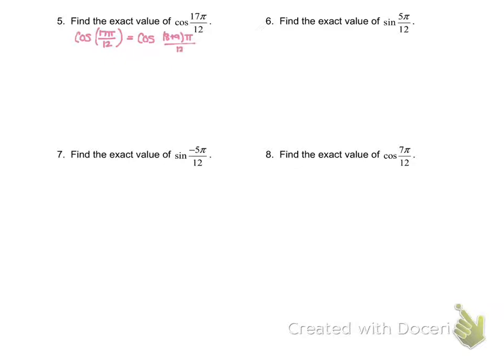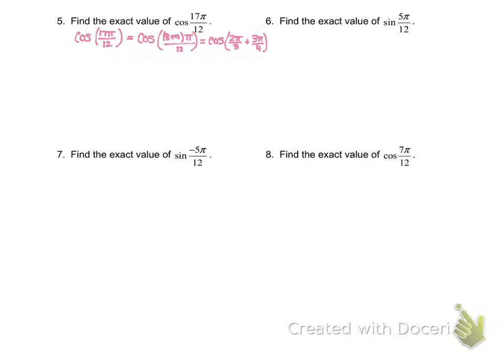So when I simplify 8 over 12 and 9 over 12, I get cosine of 2 pi over 3, which is on the unit circle, plus 3 pi over 4, which is also on the unit circle. So I just created a sum, so I use the sum formula for cosine.